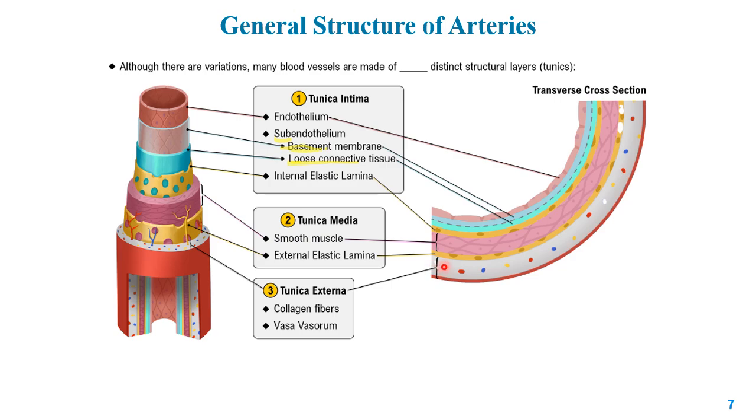And you're going to find something really interesting: this layer, the tunica media, doesn't really have blood vessels. And then you have this elastic sheath here that also doesn't have blood vessels.